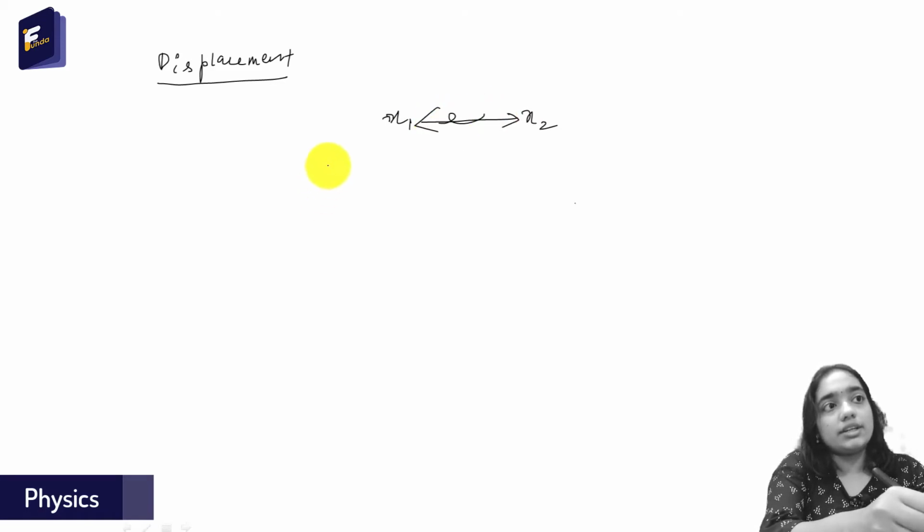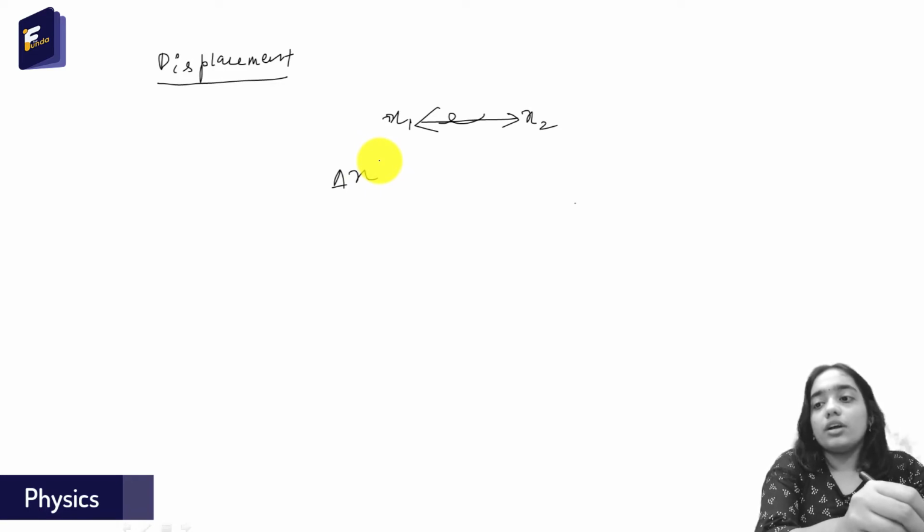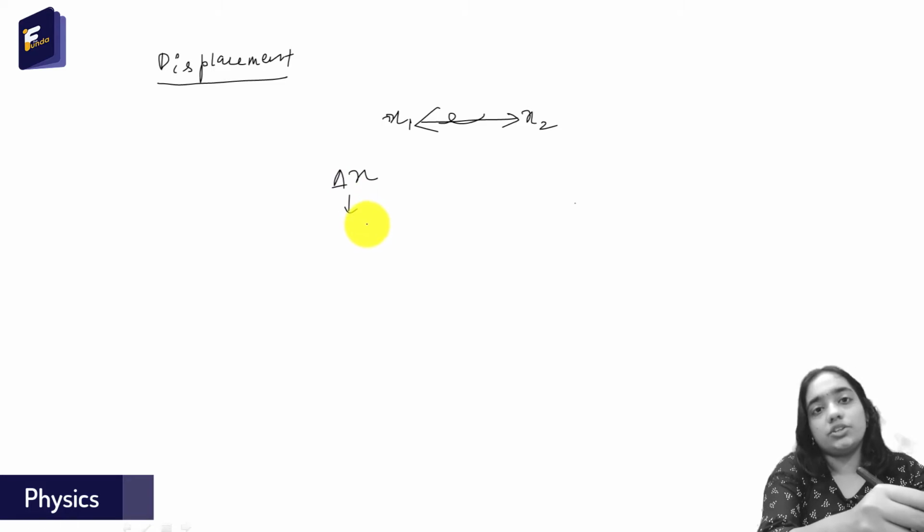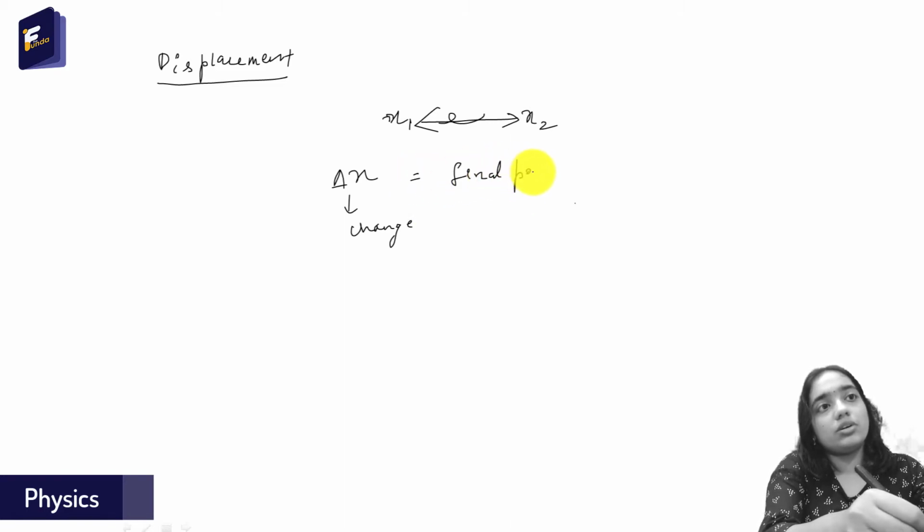It is written as delta x. Delta means the change, means final position minus initial position. This delta means change. So it is equal to final position minus initial position.